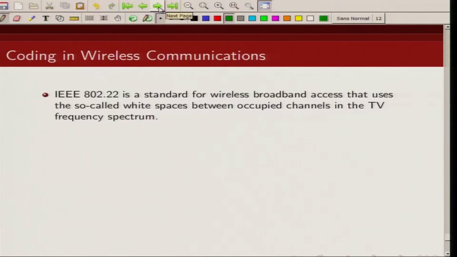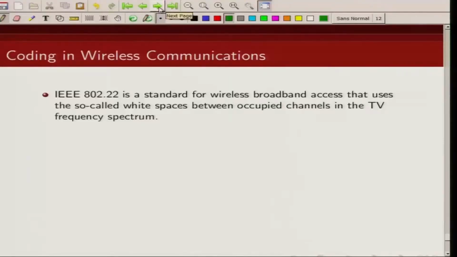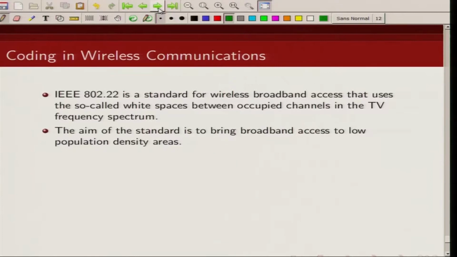And finally, I will conclude this discussion with the IEEE 802.22 standard, which is basically for cognitive radio, opportunistic access over TV white spaces, the TV spectrum which is not being used and which can be opportunistically used for communication. The whole idea of IEEE 802.22 is to provide rural connectivity.